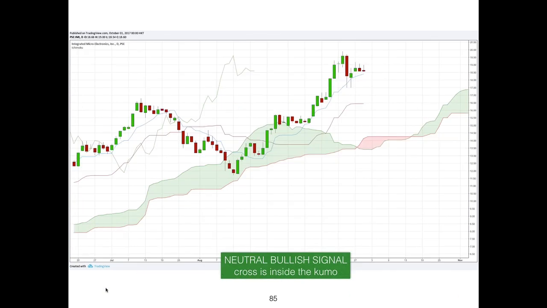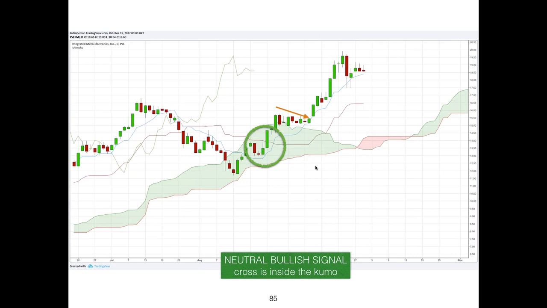Now, a signal is neutral if the cross happens inside the Kumo. This chart of IMI shows a crossover inside the Kumo when price closed at 14. Because the signal was neutral, prices hesitated. So when price broke above the Kumo, it had to retest the Kumo as new support once again before proceeding to a strong breakout.